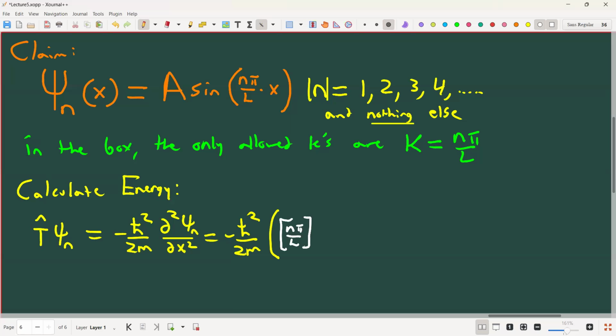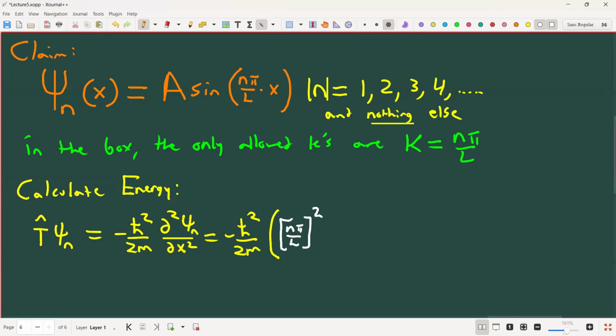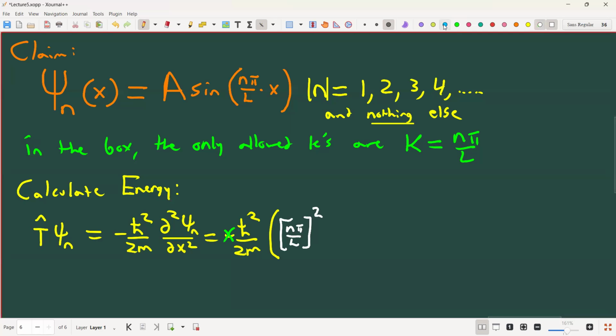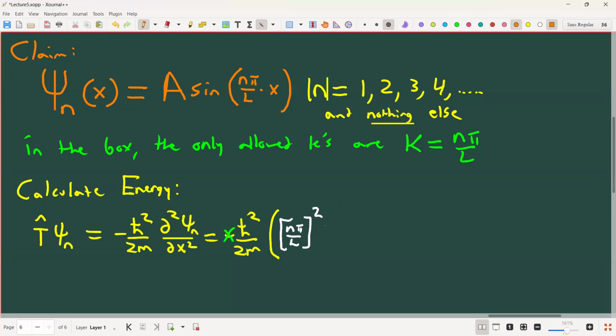The second derivative of cosine is negative sine, and I get an additional factor of n pi over L again, so this gets squared. Because cosine goes to negative sine, I get an additional negative sign out. This one goes away, and I'm left with my original function. I'll write it in orange here.